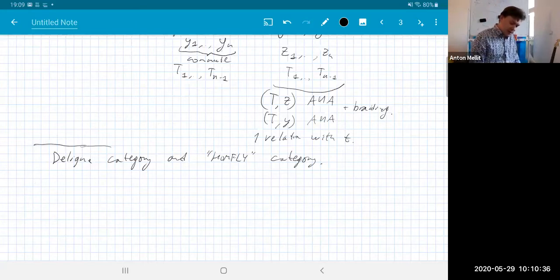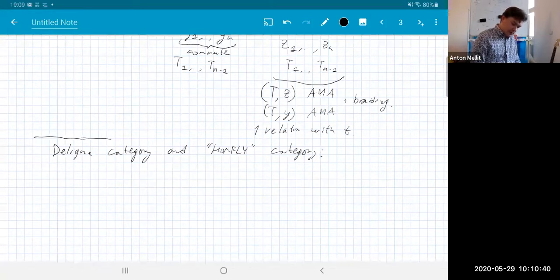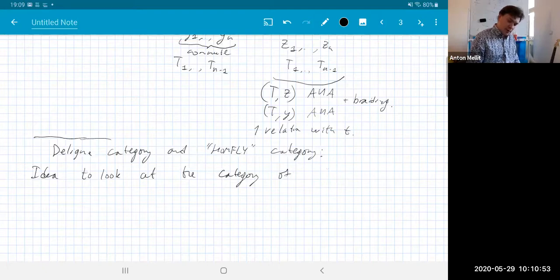So what is the Hecke algebra from this point of view? The idea is to look at the category of representations of U_q(gl_N) where we don't know N.